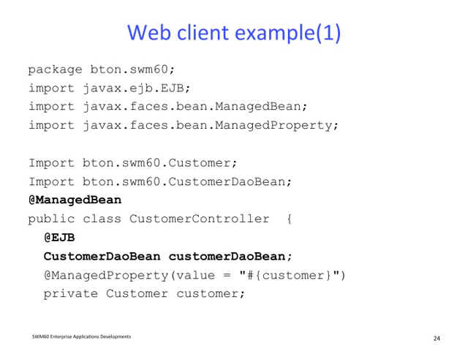So for our example, for this case, we import all the libraries for EJBs and also for JSF managed bean and managed property. The customer controller that we need to modify is a managed bean, say it's a customer controller, and specify the data access object bean.